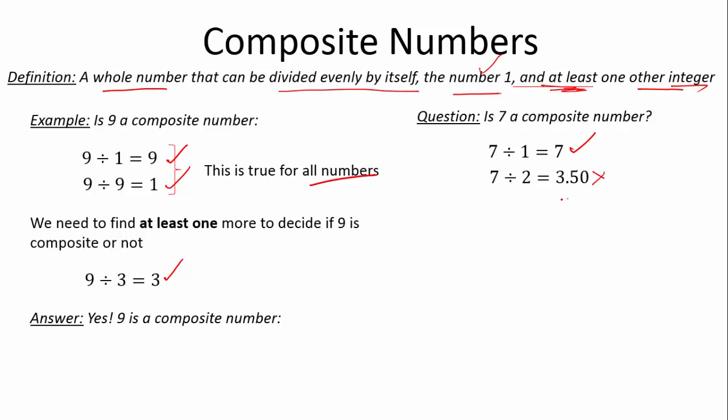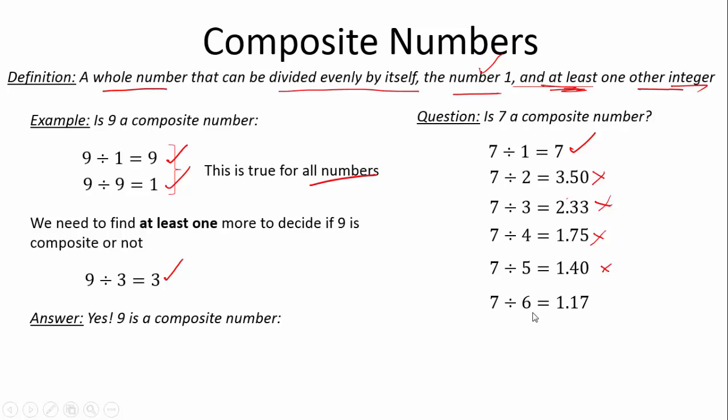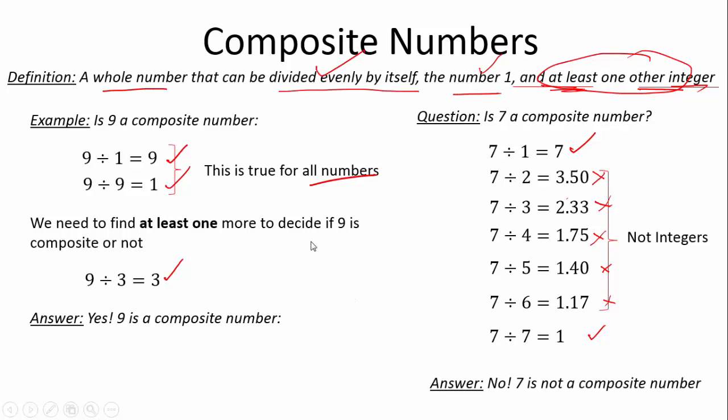No, that won't work. 7 divided by 3, 2.3, that won't work. 7 divided by 4, 1.75, that's not going to work. 7 divided by 5, 1.4, that's not going to work either. 7 divided by 6, 1.17, not going to work. And 7 divided by 7, we know is divided evenly by itself and 1, but it's not one other integer. Unfortunately, then we can say, nope, those are not integers. So no, 7 is not a composite number.